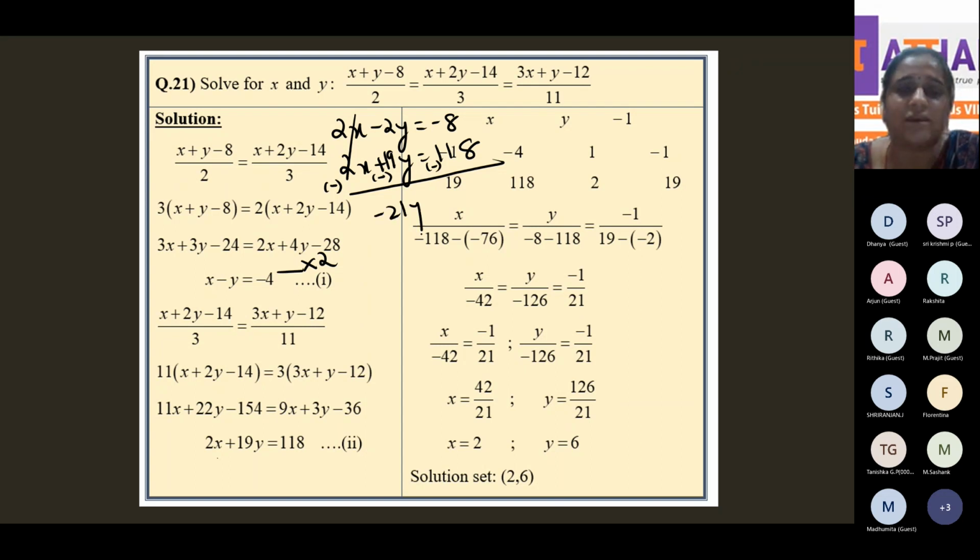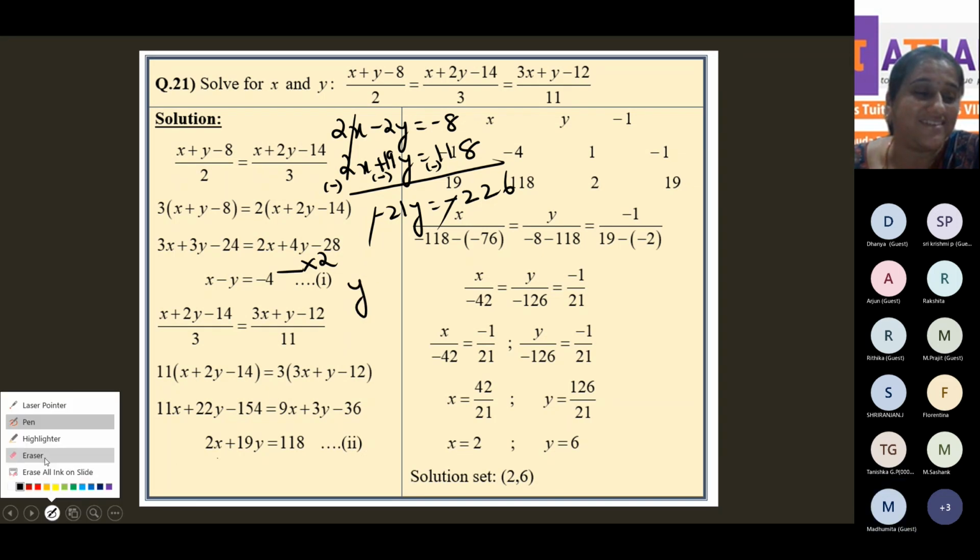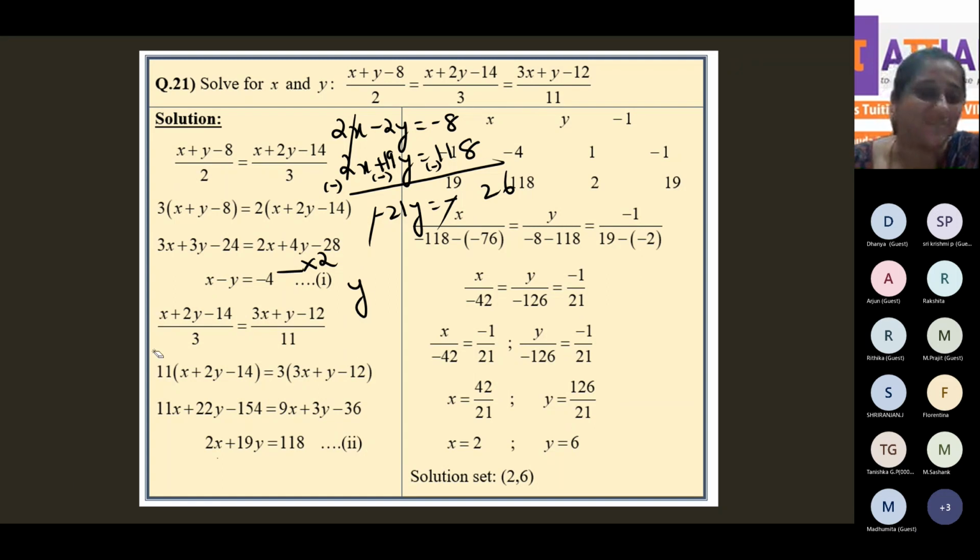Minus 21y is equal to minus 126. Sorry, 126. So minus gets cancelled on both sides. So y is equal to 126 divided by 21, so y is equal to 6.